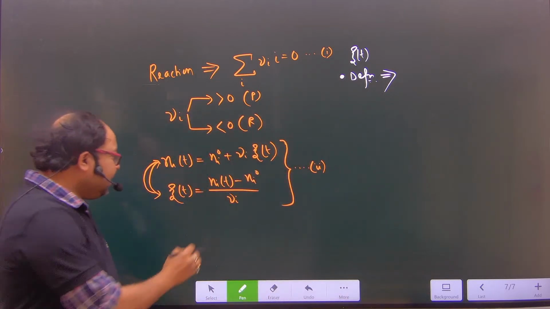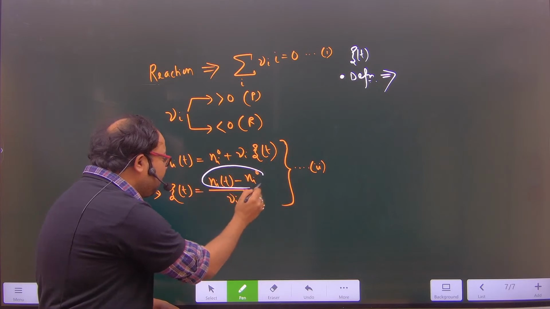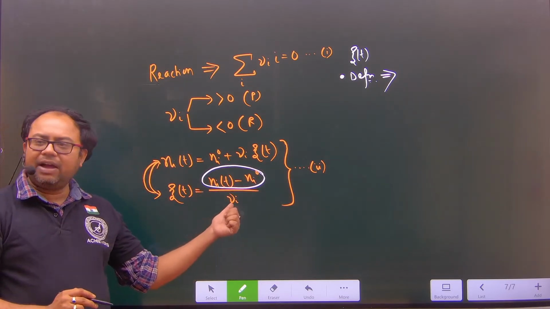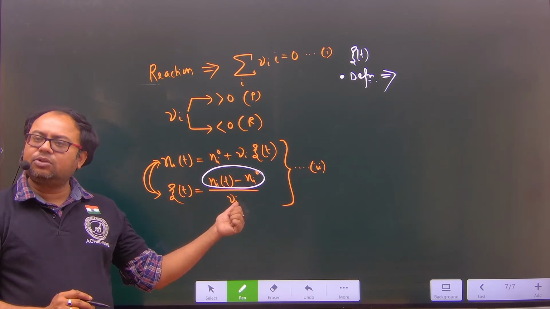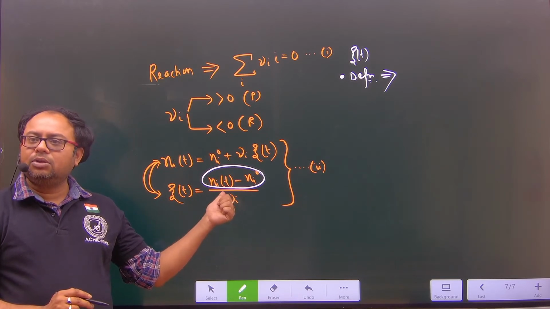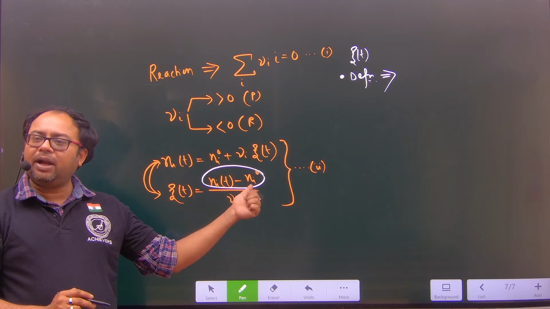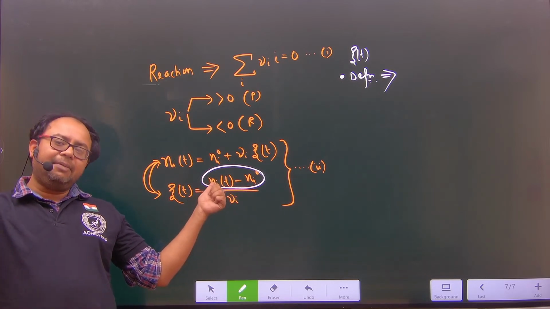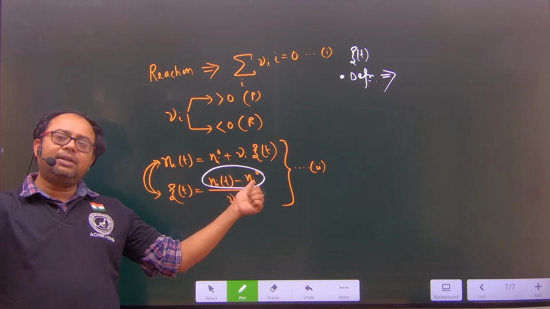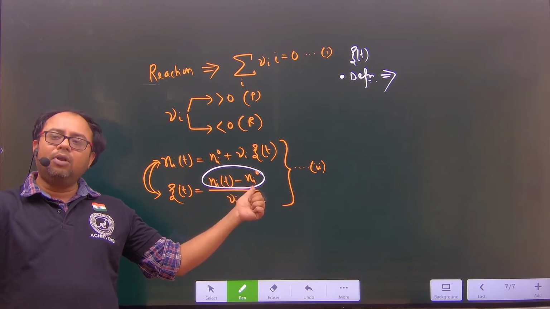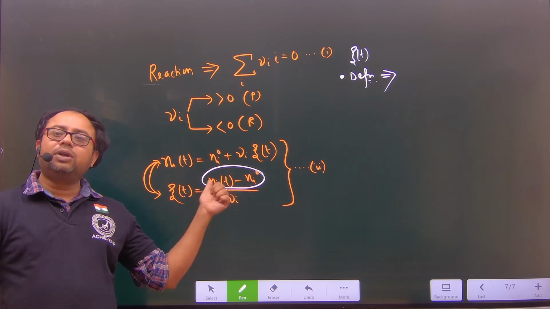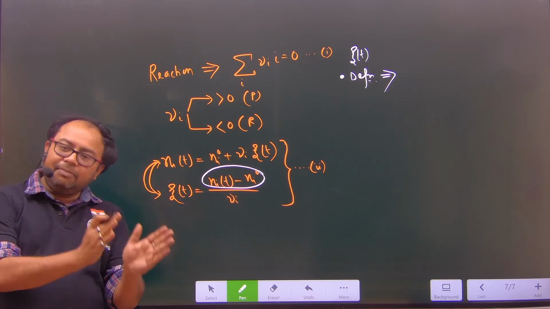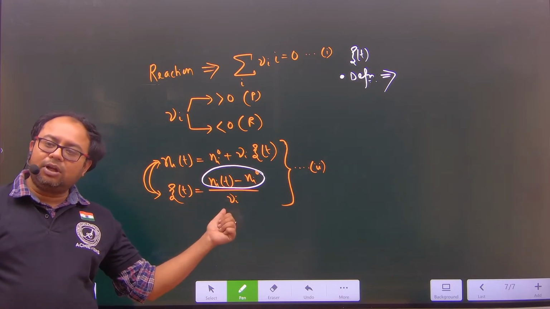You can see it is the change in number of moles of component I in time t divided by the stoichiometric coefficient. Nit is the number of moles of component I at time t minus Ni naught, the number of moles at time t equal to 0. So it is the change in the number of moles of component I in time t per unit stoichiometric coefficient.